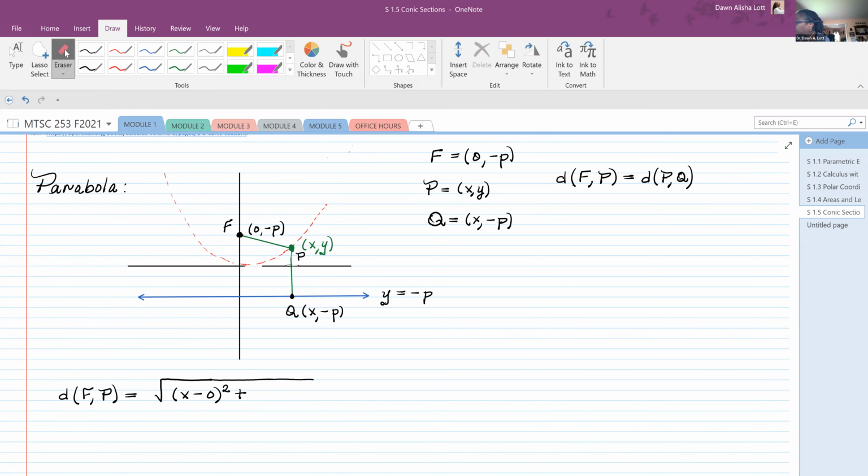I don't know why I wrote this as negative P; that should be positive P. The focus is up in the air, so it's positive P, and the bottom one is negative P. So now Y minus P squared.